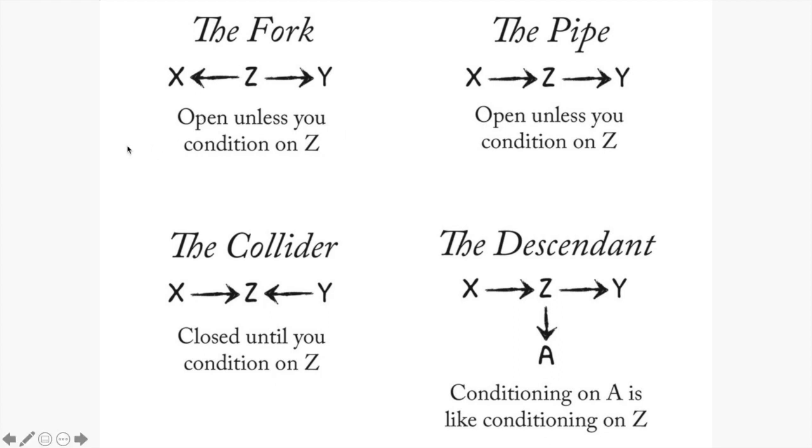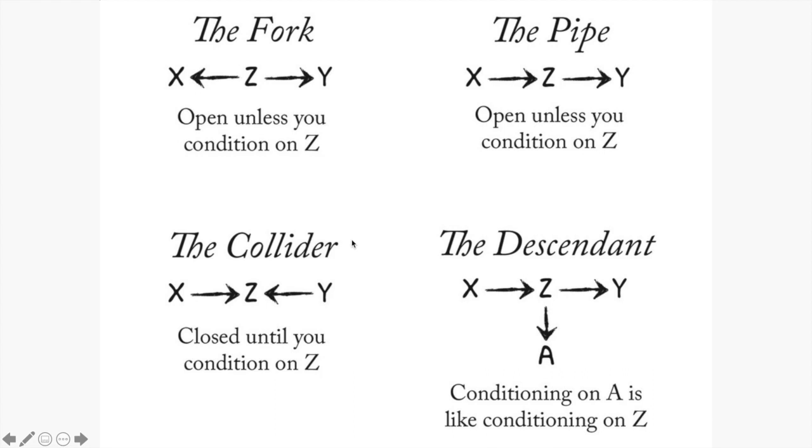So it's open unless you condition on z. In other words, we need to control for z in order to close that door of that confound. The pipe, similarly, is open unless you condition on z. So we need to control for z in order to understand the real relationship between x and y.